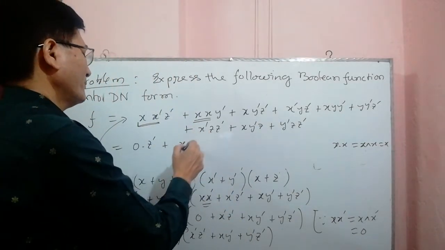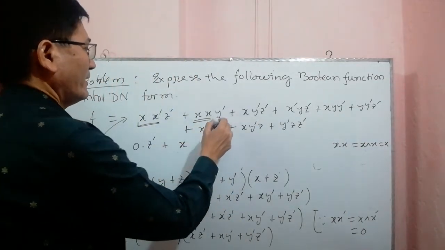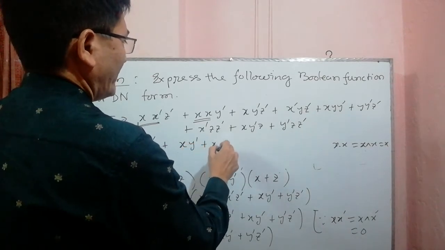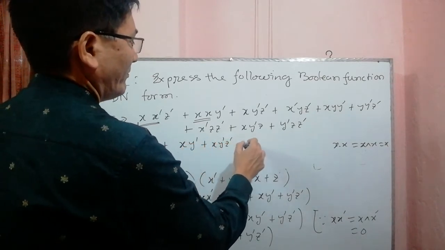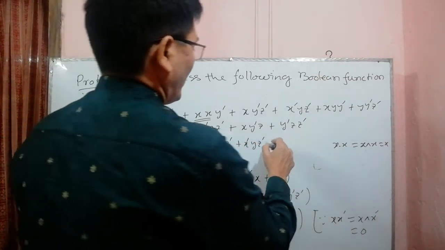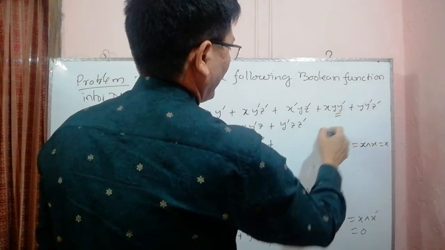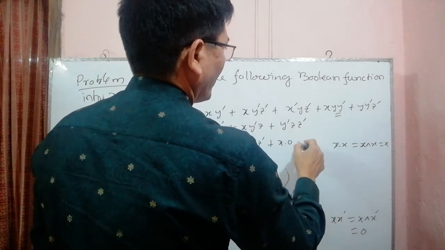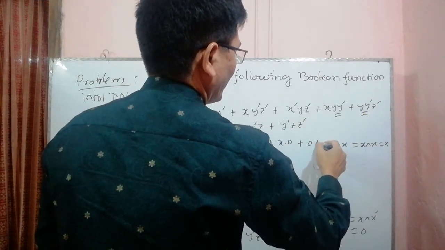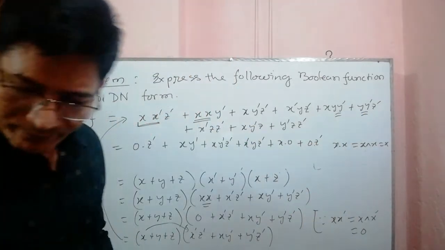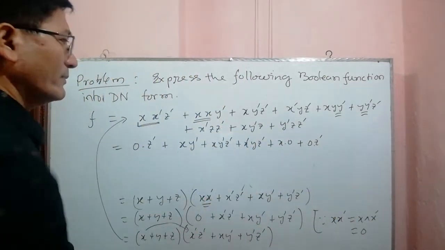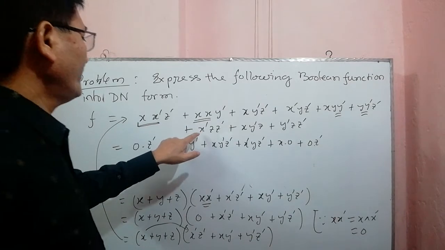That's why from here we are getting x only, and y prime, plus x, y prime and z prime, plus x prime, y and z prime, plus again it is producing 0 for you, plus it will also produce 0 z prime, 0 z prime, 0 z prime.